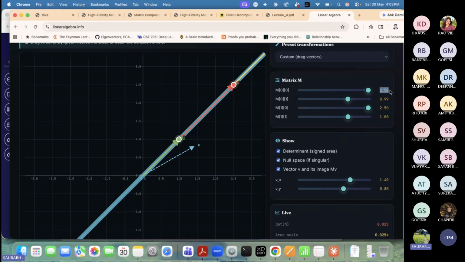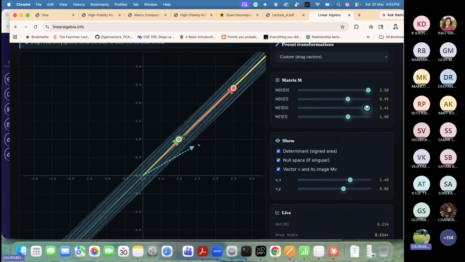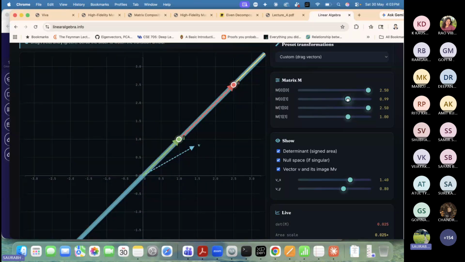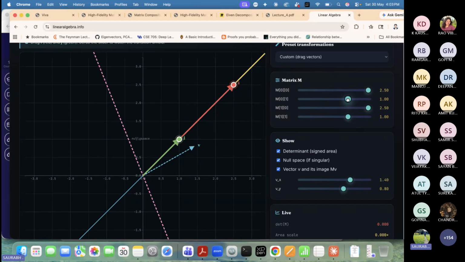See these values: 2.5, almost 1, 2.5, almost 1, right? So in your rows, you have 2.51, 2.51. The first row is 2.51, the second row is 2.51, because both the rows are the same, and that is the kind of transformation this matrix is doing, and that's what you are able to see here. I'm not able to exactly get to that point, but anyway, you are able to understand that.